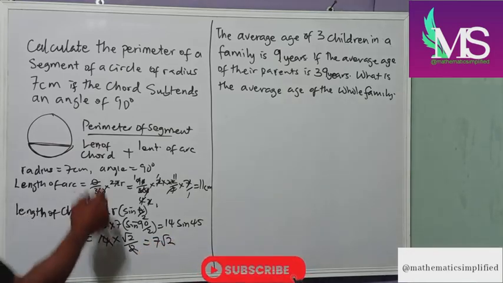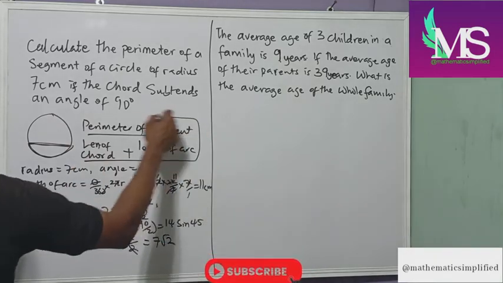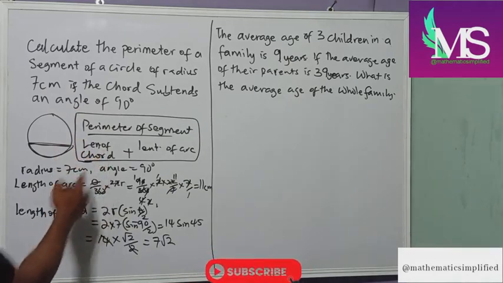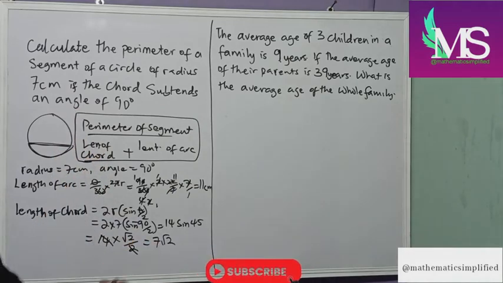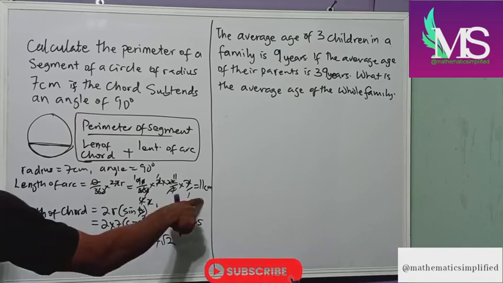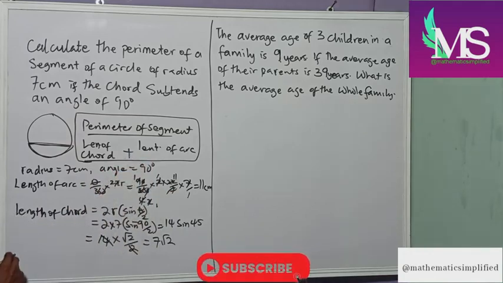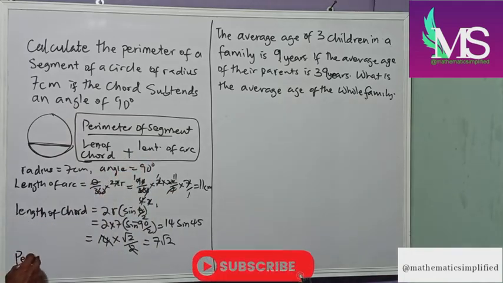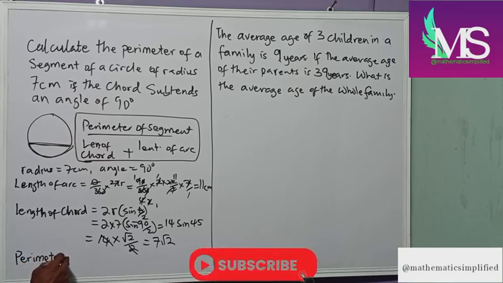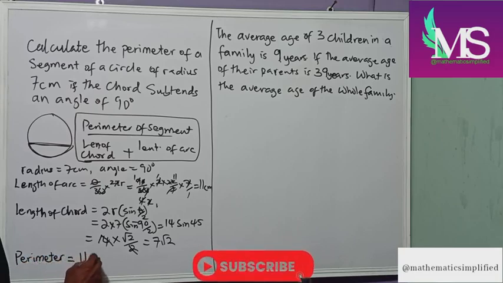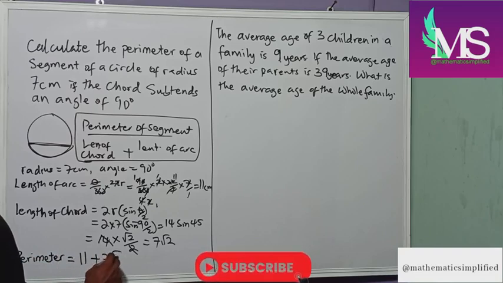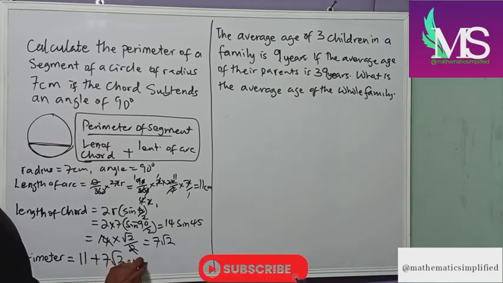So now back to this. Our length of chord is 7 root 2 and our length of arc is 11. So the perimeter would be 11 plus 7 root 2 centimeters.